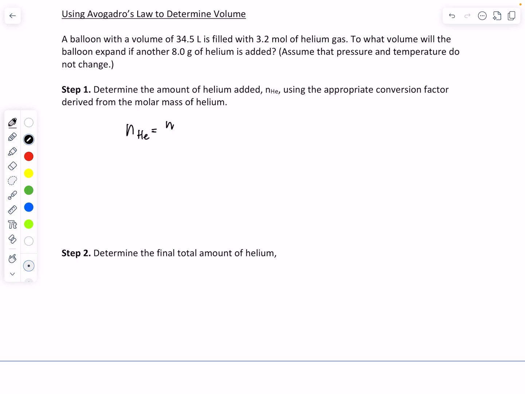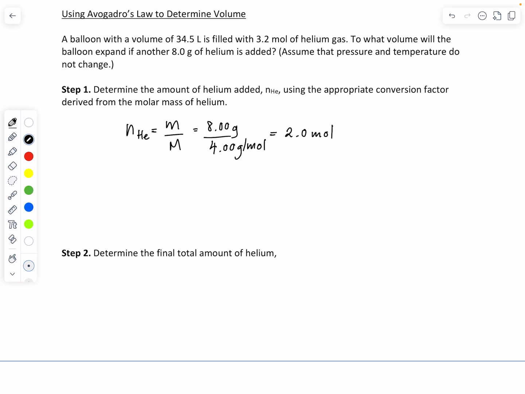And number of moles is mass divided by molar mass. The mass is 8 grams. And the molar mass of helium is 4.00 grams per mole. So 8 grams represents 2 moles.